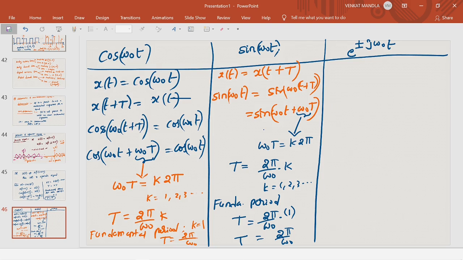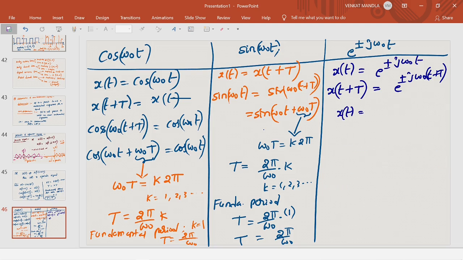And e power plus or minus j omega naught t. In this case, x of t equal to e power plus or minus j omega naught t. X of t plus capital T, let us see, capital T is the period of the signal, e power plus or minus j omega naught into t plus capital T. If x of t equal to x of t plus capital T, then it is a periodic signal.